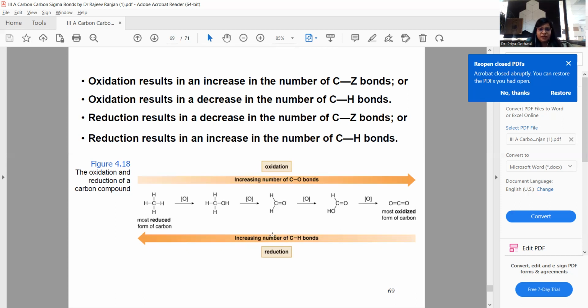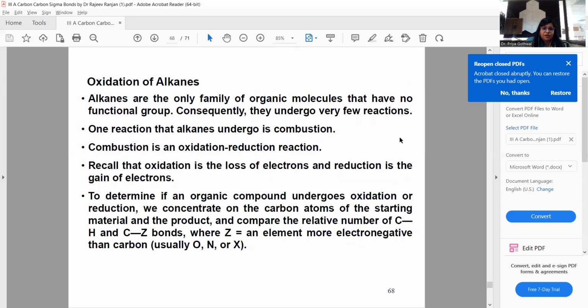Here we have an increasing number of carbon-hydrogen bonds and decreasing carbon-oxygen bonds, and vice versa for oxidation. In the above slide we discussed the combustion reaction: any combustible substance is oxidized to form carbon dioxide along with water. Overall, the oxidation of alkanes depends on the oxidizing and reducing agents.